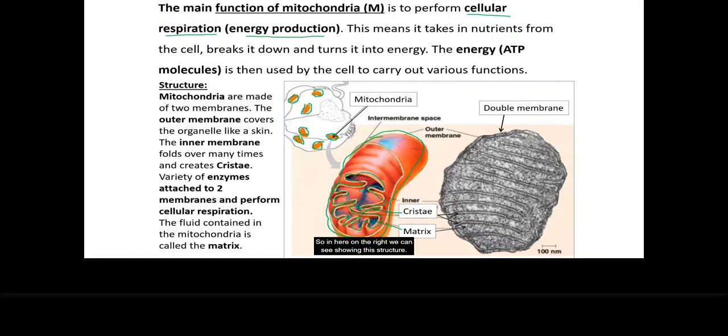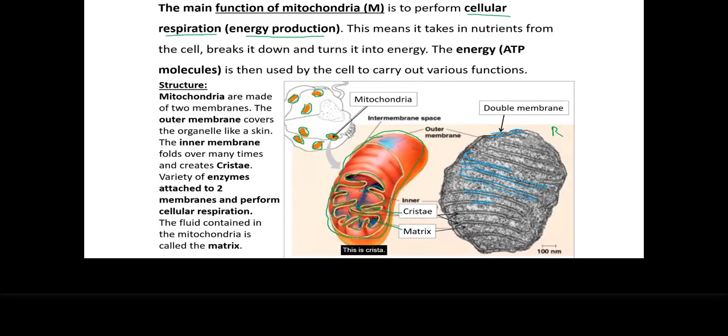In here on the right, we can see this structure. This is a double membrane, two membranes. They surround the mitochondria, and the inner membrane is folded and creates these folds.